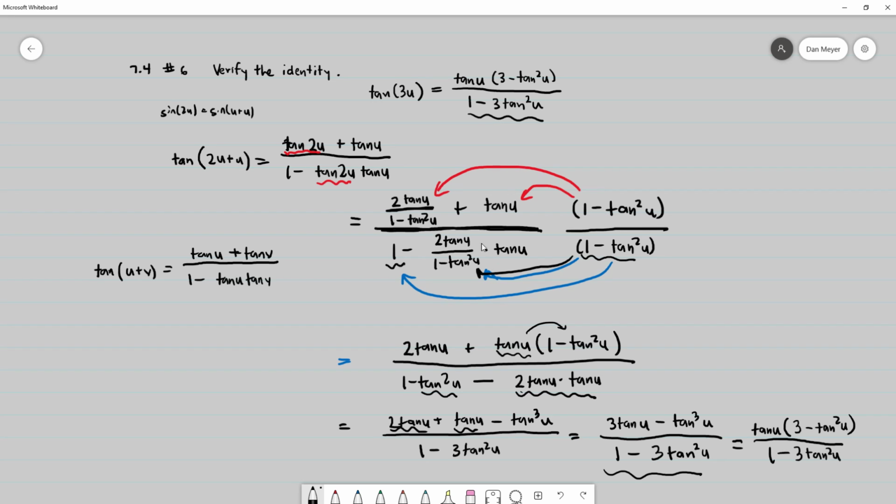Okay, once we applied our angle addition formula in this first step, and then we basically just wrote down our double angle formula for tangent in the second step, everything that we did after that, I would consider to be algebra.